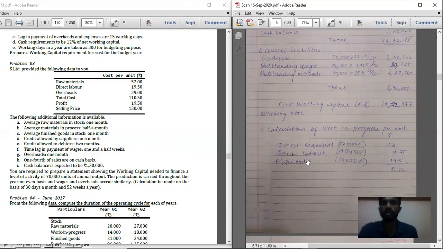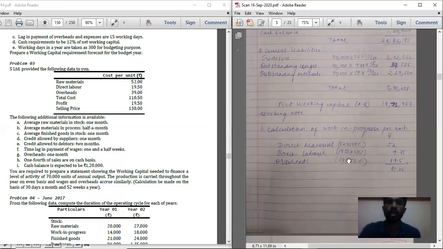Below that is direct labor. They have given 19.5, and labor we always take at 50%, so 19.5 into 50%. Amount column, 9.75.